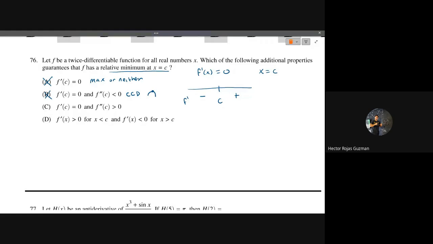The derivative is 0 and the second derivative is positive. f is concave up. So yes, that would be a minimum. The derivative is positive for x less than c, and the derivative is negative for x greater than c. That's actually talking about a maximum. So there you have it.